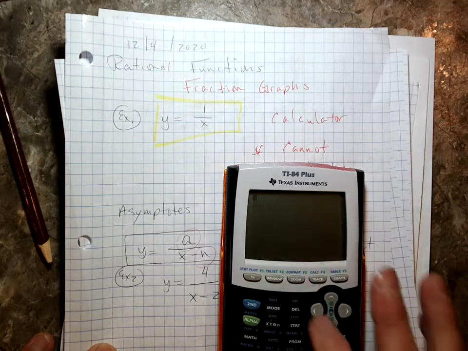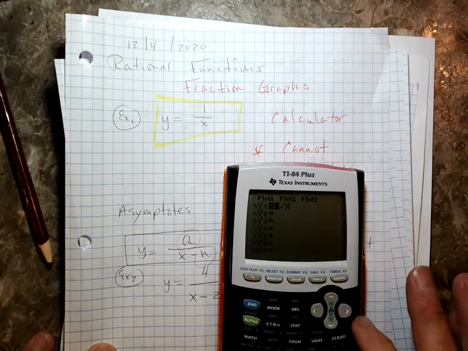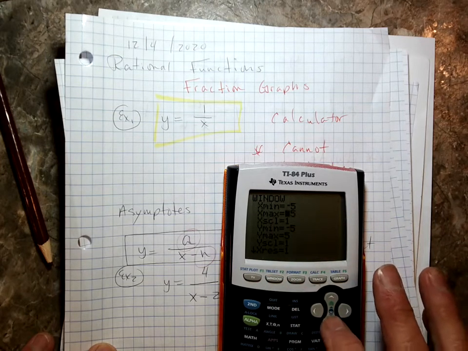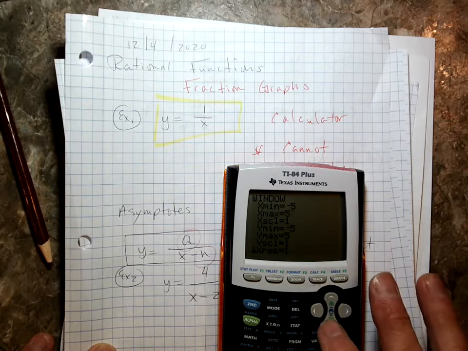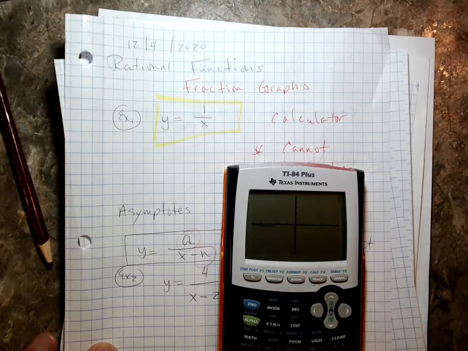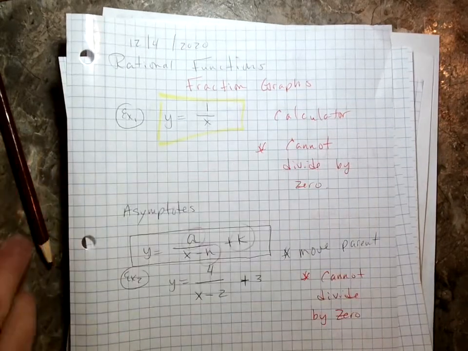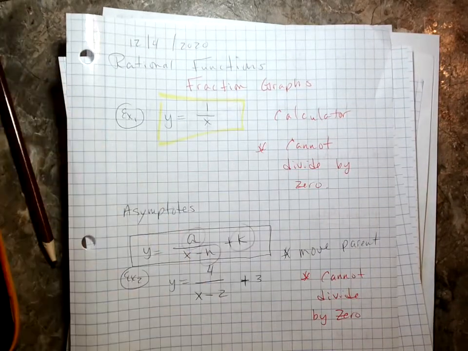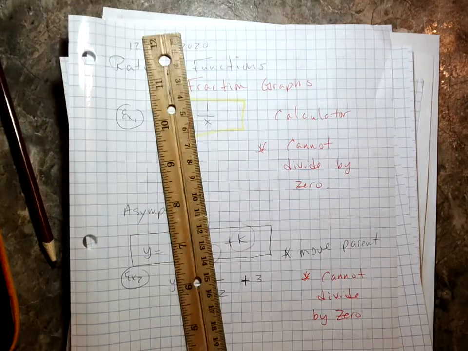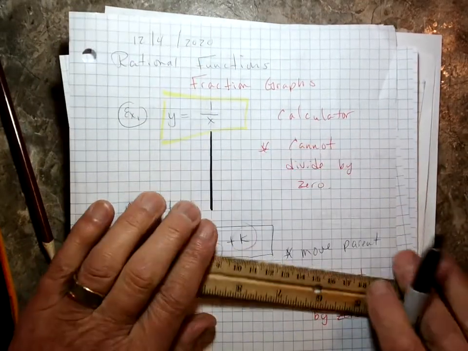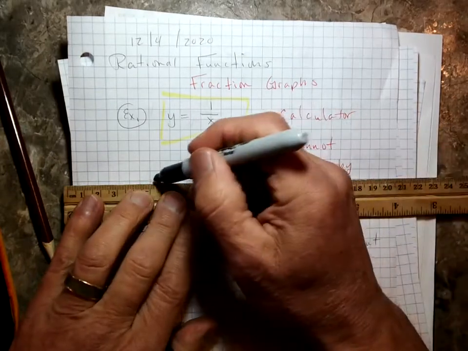Hold on. Let's go back. Y equals, go to my window, -5 to 5. I get it. Okay, there's my mistake. Let's graph that. Okay, here it is. So that's my parent function, and I'm going to put that on my graph, okay? So it looks like this. This is our parent function, and this is the graph we're going to translate today.